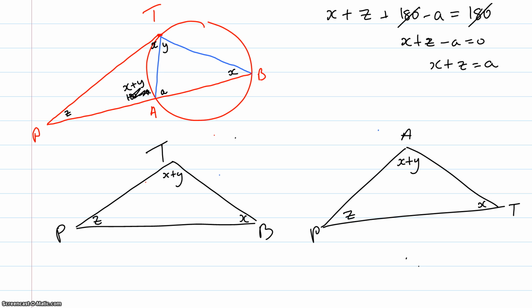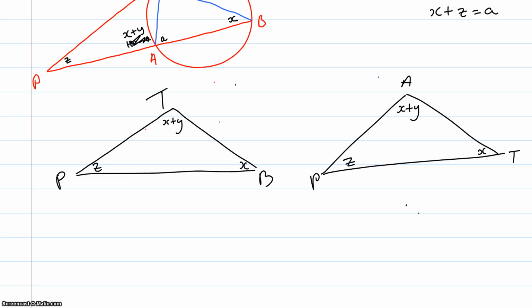Okay. And now, again, I can use some similar triangles. Remembering that what I'm trying to compare is this PT side here with PA and also PB. So let's do that. I can say that PT divided by PB must be in the same ratio as PA divided by PT. Now I've got all the lengths that I want, so now I can multiply both sides by PT.